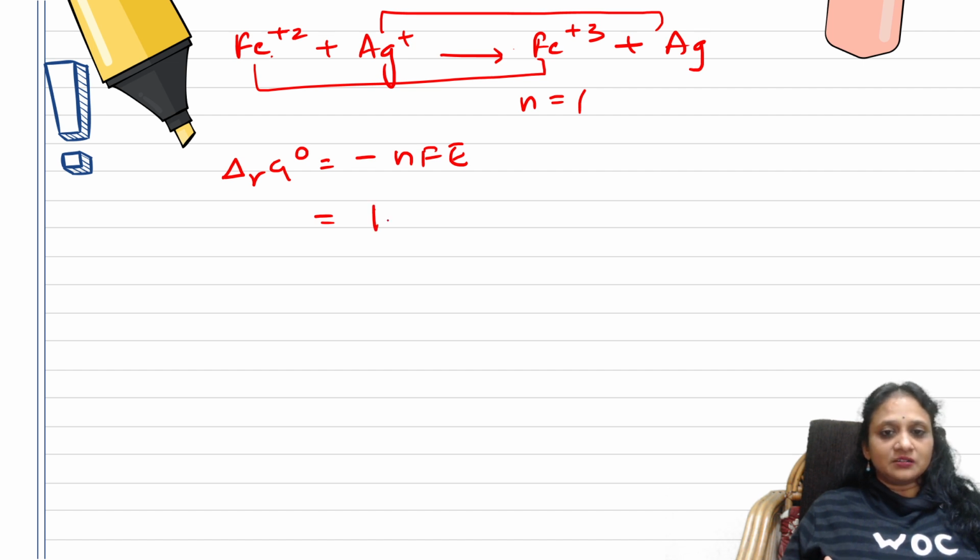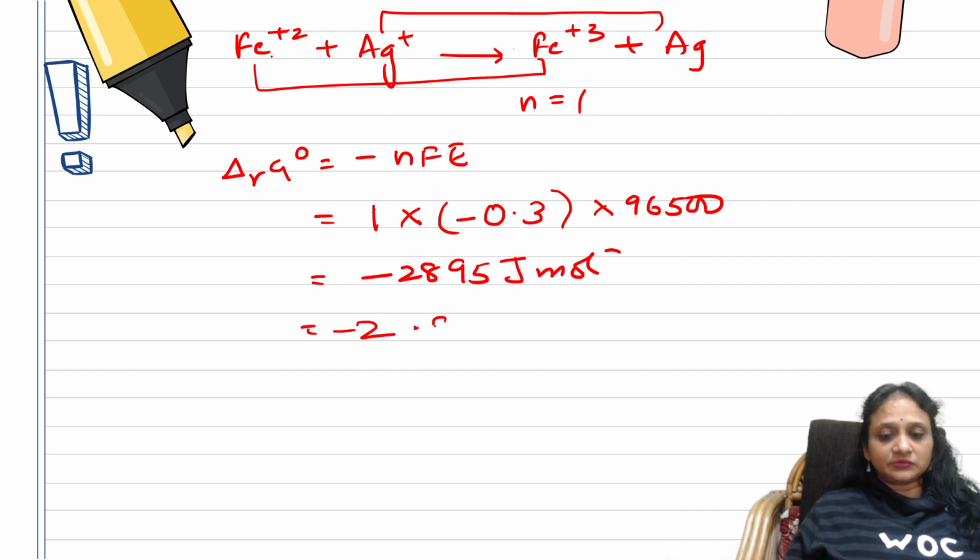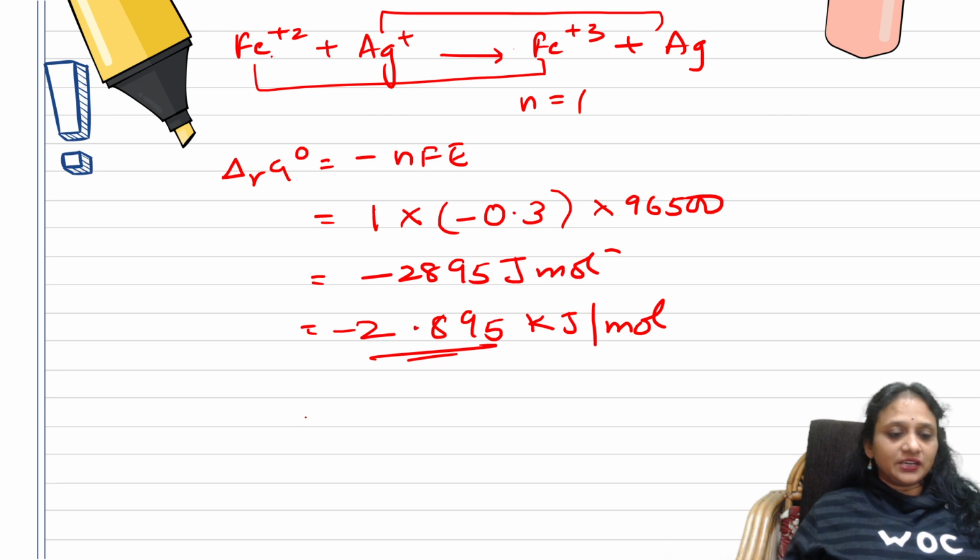Correct? How much is the electrode potential I got? 0.03. Faraday is how much? 96,500. I'll be getting an answer of this. If I convert into kilojoules, shift the decimal. Okay, I got this. Got it, students?